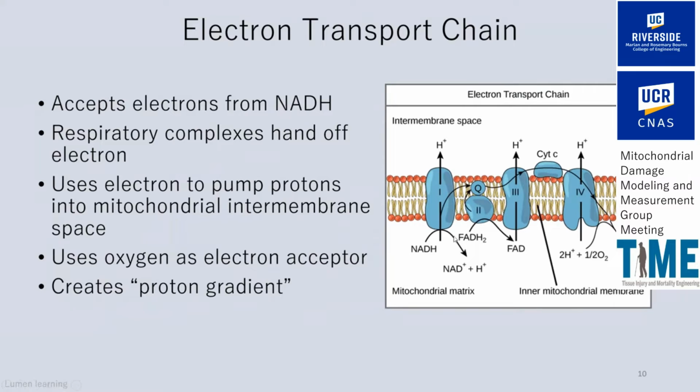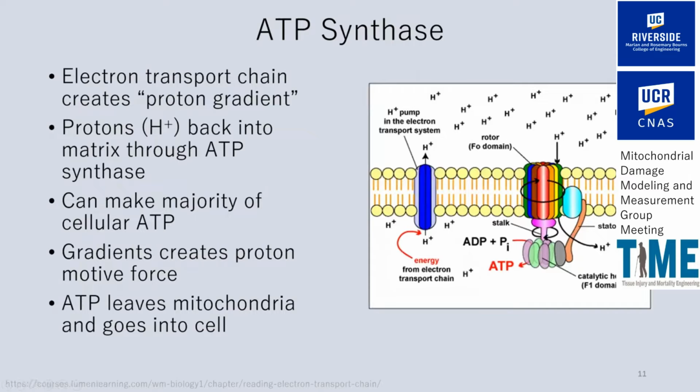And this pumps protons from the mitochondrial matrix into the intermembrane space, creating a proton gradient, a difference in the amount of protons between the mitochondrial matrix and the intermembrane space. That process consumes oxygen, and then the protons re-enter through ATP synthase, and this creates ATP, which then leaves the mitochondria and is used by the cell for other processes.